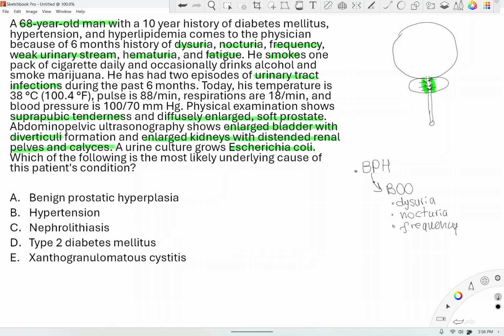Okay, because the urine flow is obstructed, the urinary stream will be weak. And there will be a feeling of incomplete emptying of the bladder. So these are signs of urinary flow obstruction.